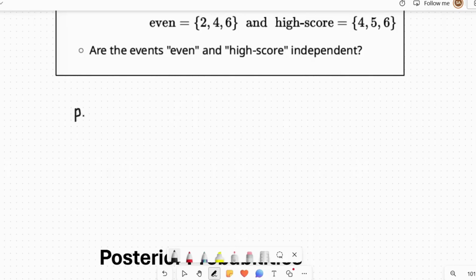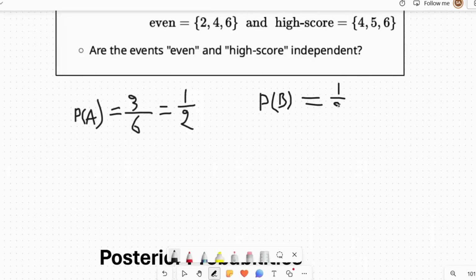Probability of A equals 3 by 6, because there are 3 numbers and the total number is 6, so this will be half. And probability of B is also similar, because there are 3 numbers out of 6, so this will be half also.